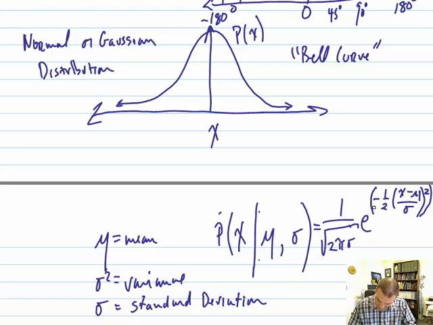And this is a minus 1/2 here. So that's the probability distribution function for a normal function.